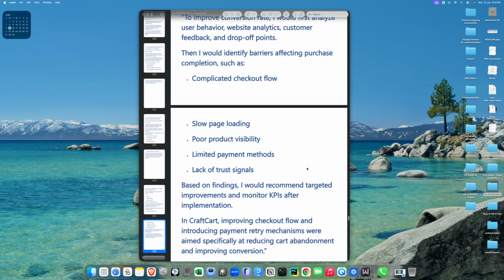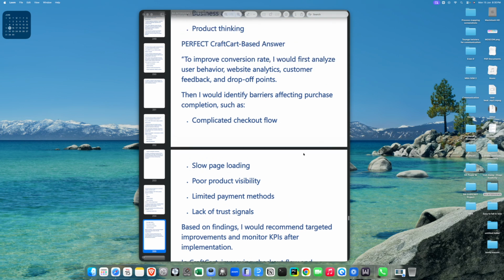Based on findings, I would recommend targeted improvements and monitor KPI after implementation. In CraftCart, improving checkout flow and introducing payment retry mechanisms were aimed specifically at reducing cart abandonment and improving conversion.